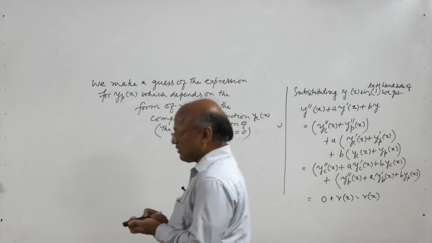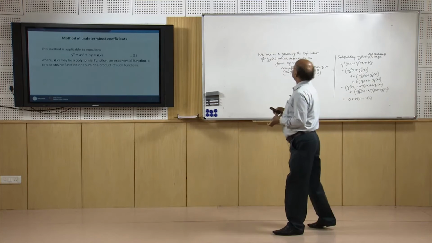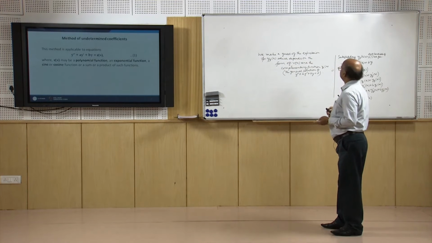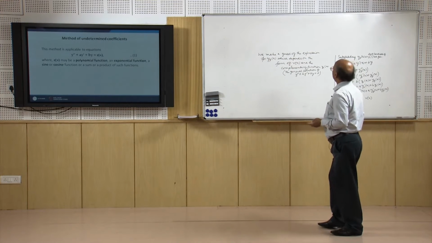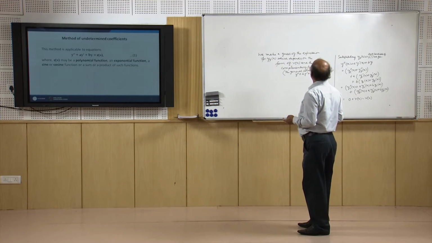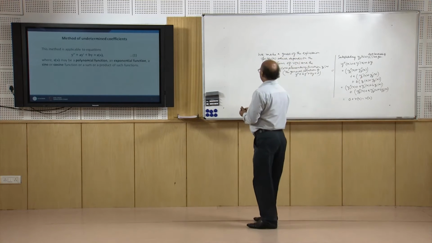So this is not an arbitrary guess, it is called an educated guess because it depends on the form of R(x) and also sometimes it depends on the form of the complementary function y_c(x).